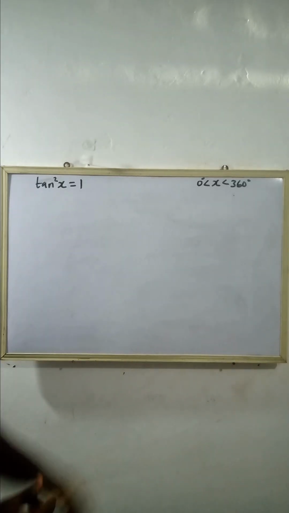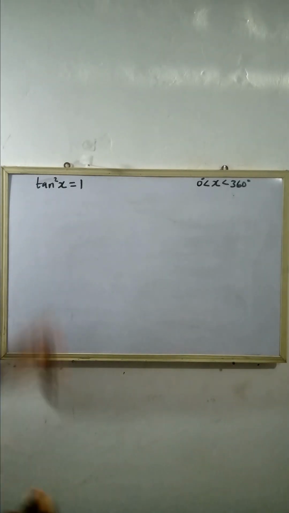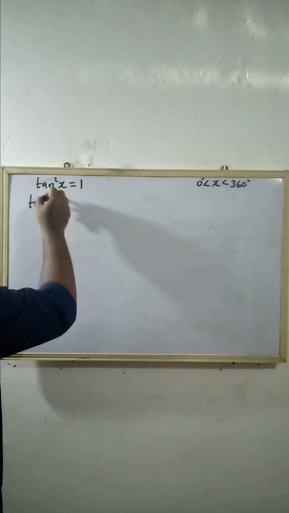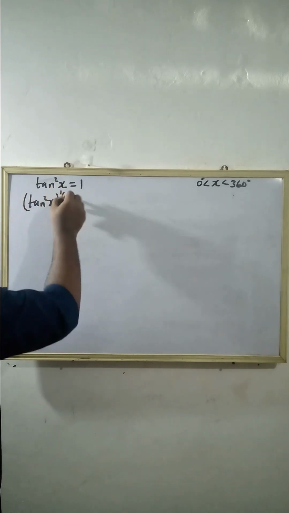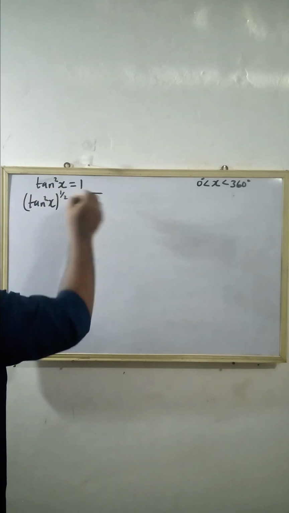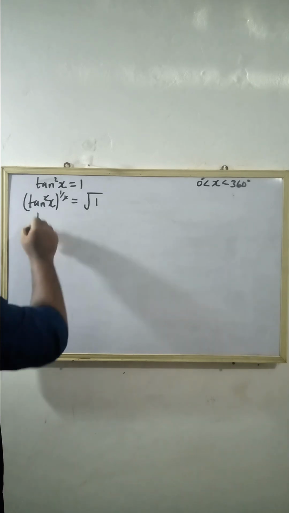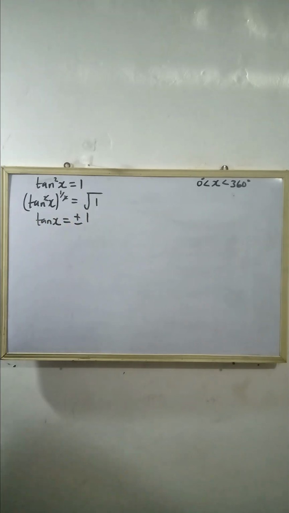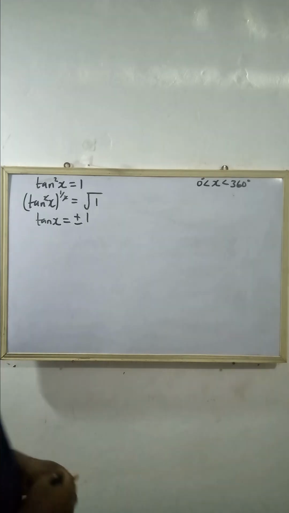Now we have that tan squared x is equal to 1. I can take the square root of both sides. So tan squared x raised to the power of 1 over 2 equals the square root of 1. We have tan x equals, of course, the square root of 1 is 1, so it is plus or minus 1.